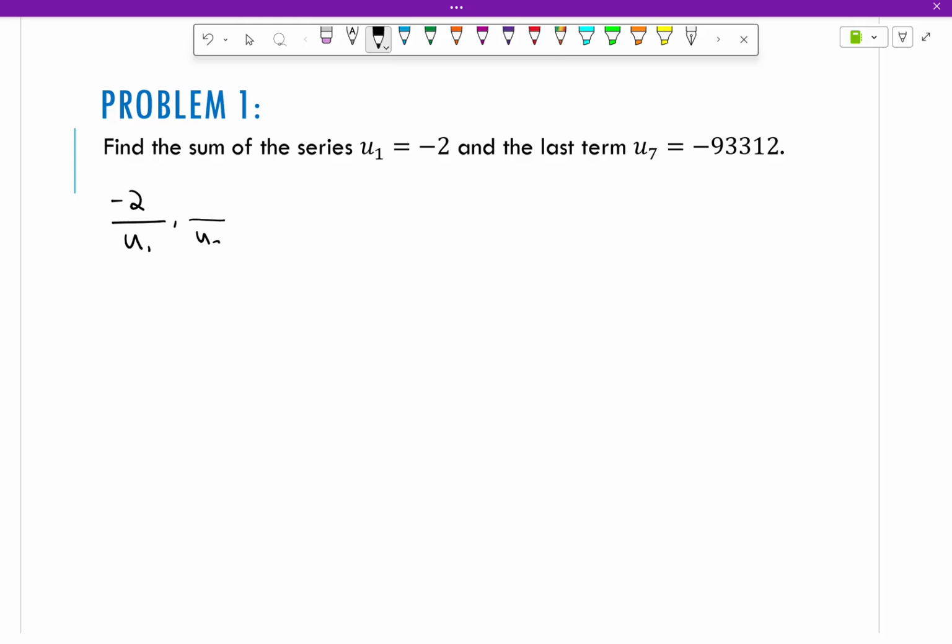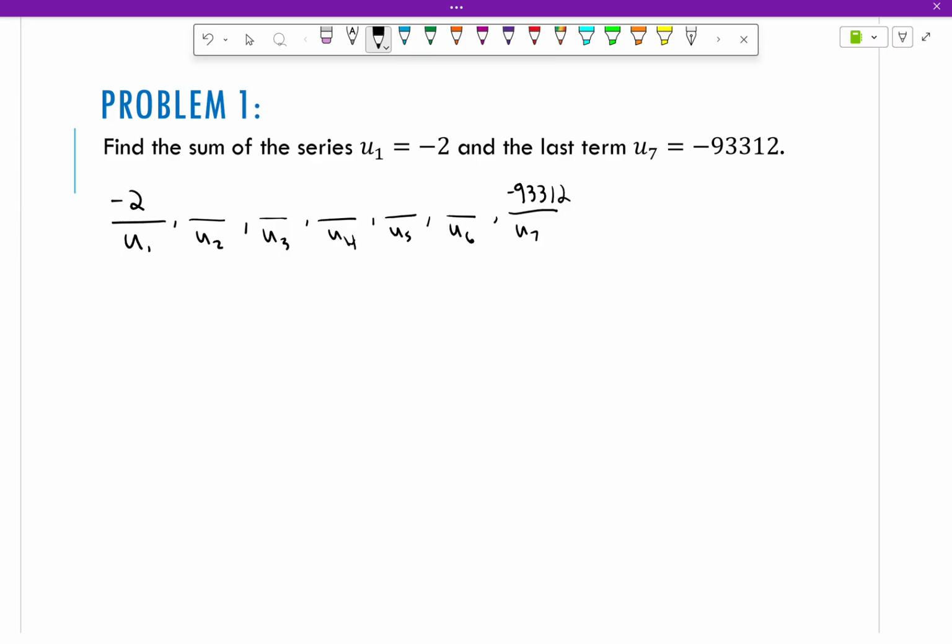Then you've got term 2, term 3, term 4, 5, 6, and then term 7. Now, we don't know what the multiplication pattern is, and we don't know any of the numbers in between these two. But we can figure out what the multiplication pattern is, and then we can use our formula to help us find the sum of whatever these numbers are going to be.